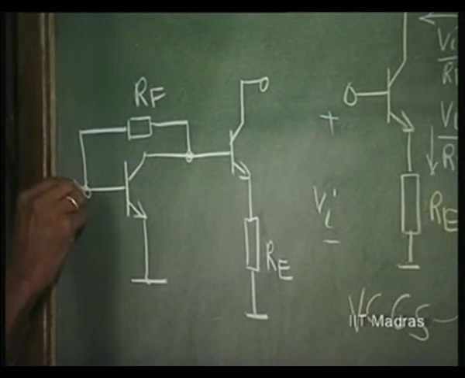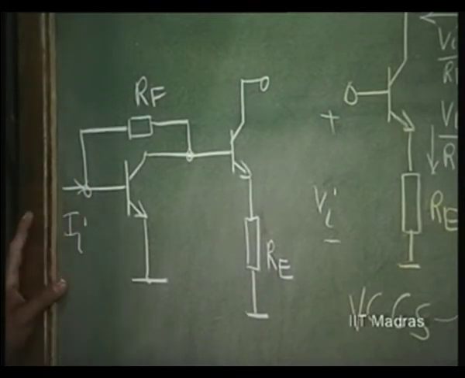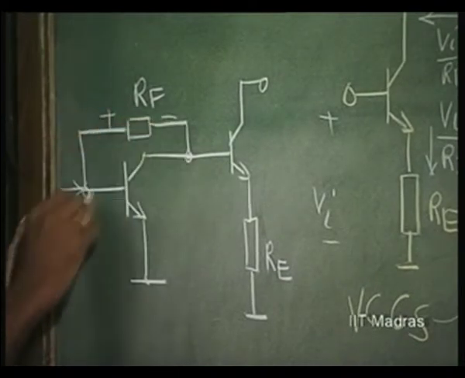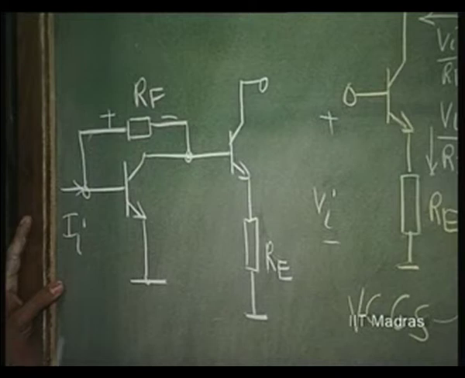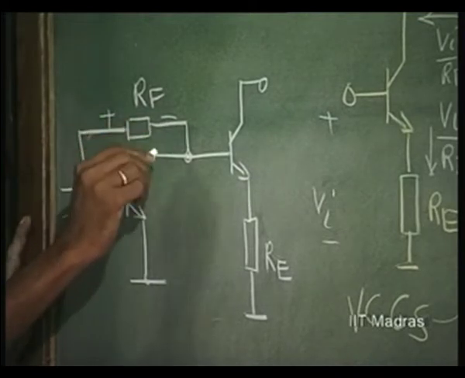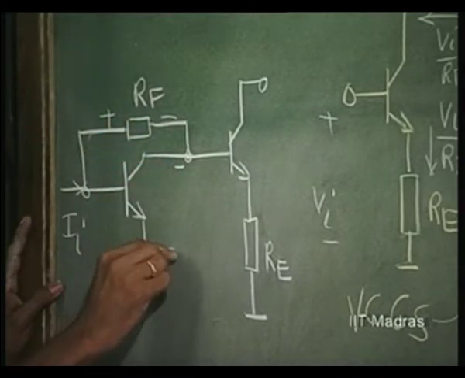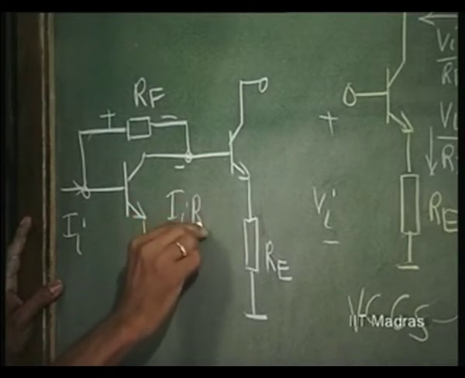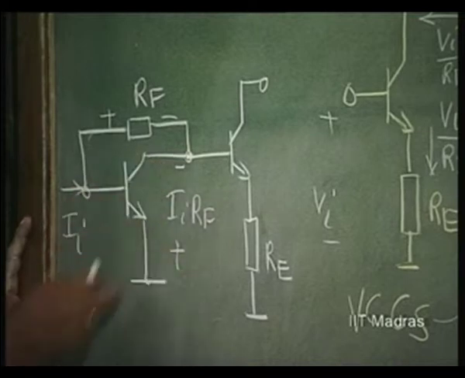Now, once again, if this is I, the voltage that is developed here, all this current will go through this as I into R F. So, the voltage is I into R F this way, this is minus and this is plus.